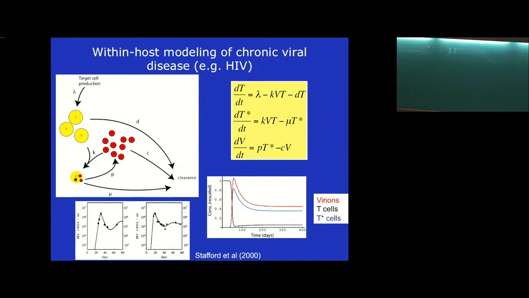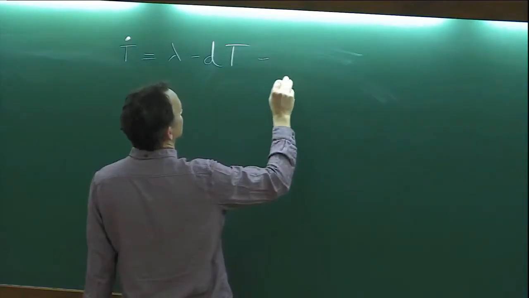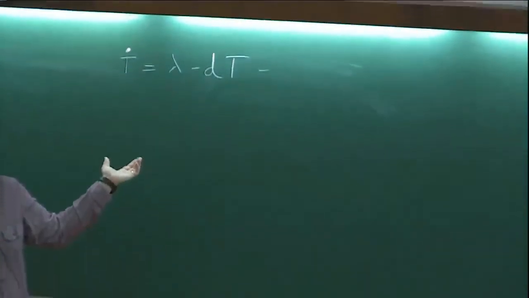The key difference is we're not just going to have one kind of virus, we're going to have two kinds of virus. You can't have a competition with only one kind of virus. So let's consider two viruses and call them V1 and V2. When a V1 infects a T cell, it's going to make a T1 star, and when a V2 infects a T cell, it's going to make a T2 star.